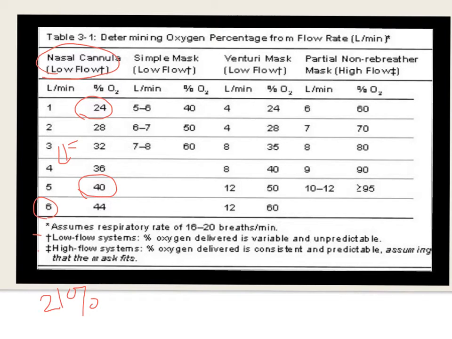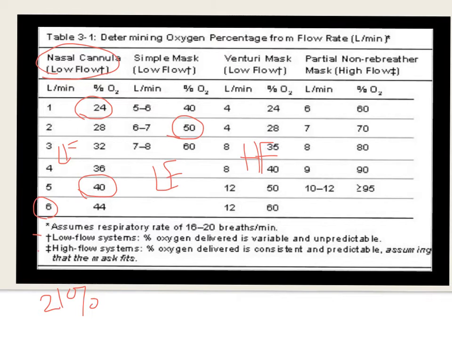Simple face mask, which we're going to talk about, if you set the O2 between, for instance, 6 to 7 liters per minute, then you're going to get 50% delivery of oxygen. This is considered low flow. And then the Venturi mask, we're going to talk about that, but if you pick the one that delivers 24% and you set it at 4 liters versus the one for 40% and you set it at 8 liters, then this is considered high flow.